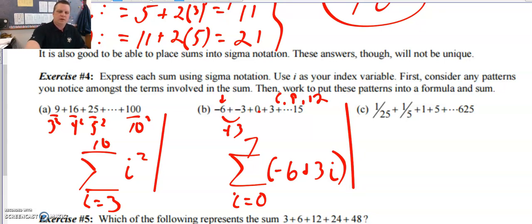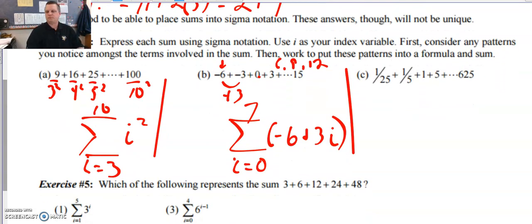All right. Now the last one, what's going on here? How are we getting from 1/25 to 1/5 to 1 to 5? We're multiplying by 5, it looks like. Okay, a little more tricky.